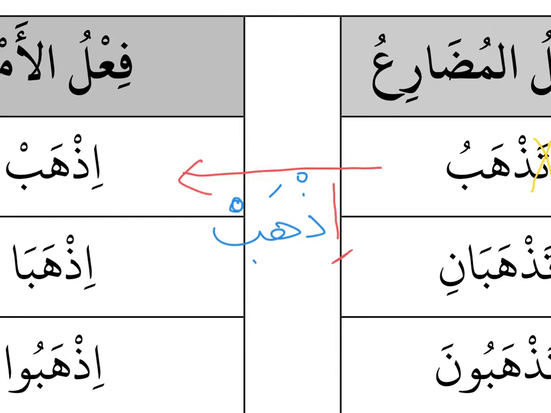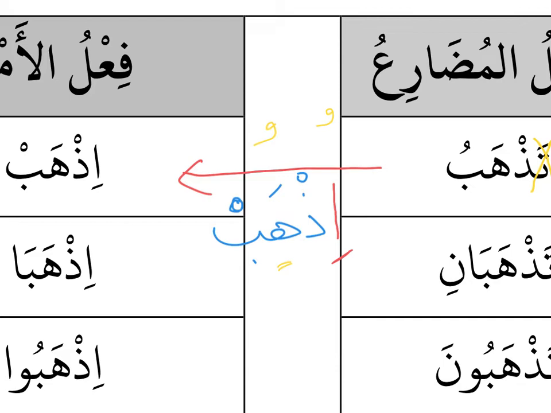But if the middle letter is with a dhamma, hu, for example, then the alif will be with a dhamma as well. So it is u.